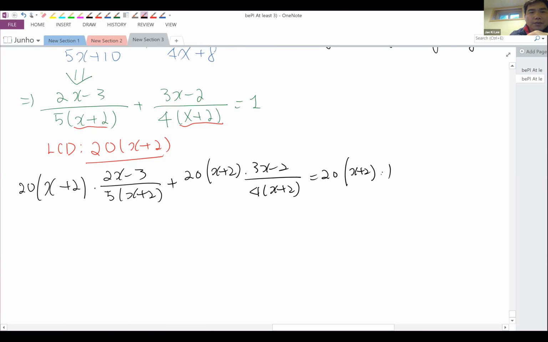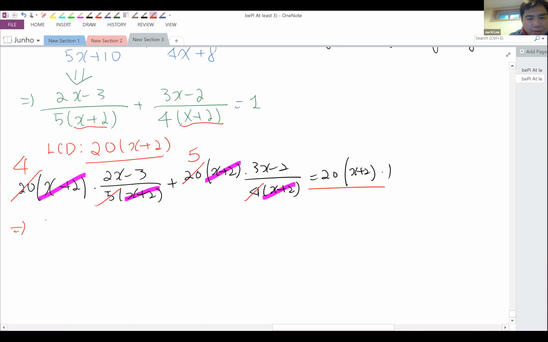Now this is gone. What will be 20 over 5? 4. Okay, so this becomes 4. What about 20 divided by 4? 5. Okay, so this one just as is.